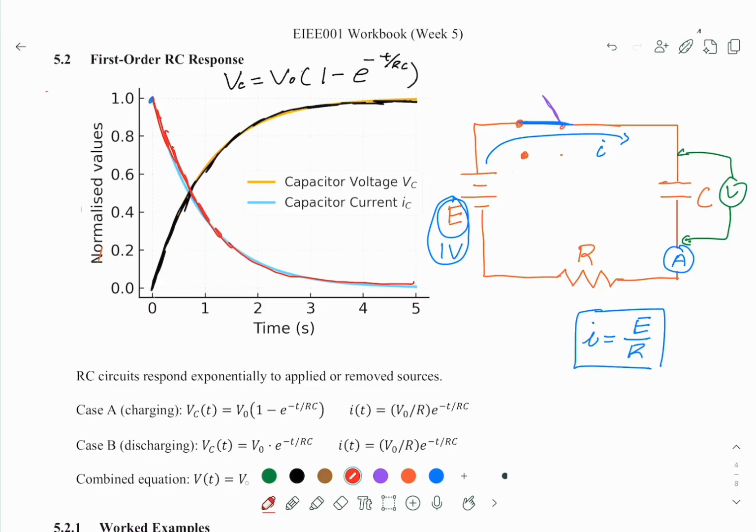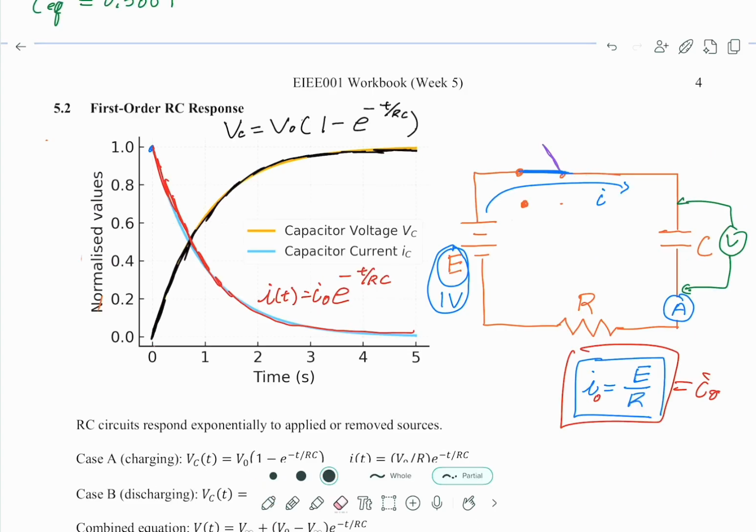I as a function of t is equal to the original one, I naught, times e^(-t/RC). Once the capacitor is fully charged, remember the rule says that after about 5 RC the capacitor is practically fully charged.